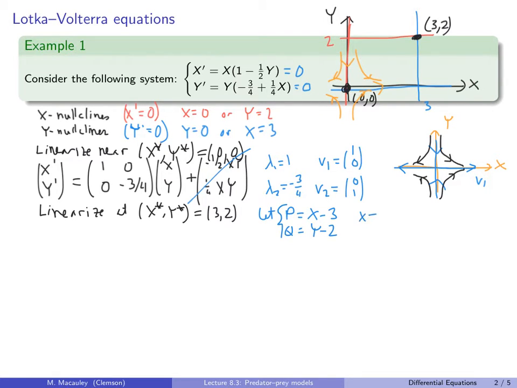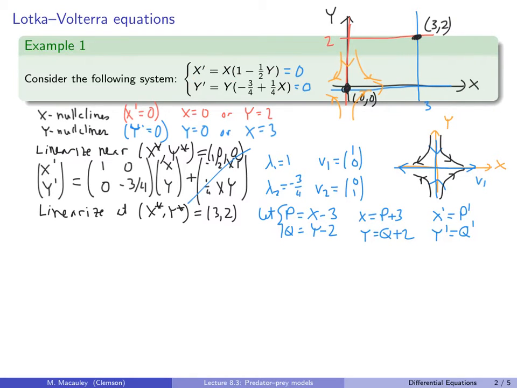So here, solve for x because that's what we want to eliminate in here. So x is p plus 3, y is q plus 2, and obviously x prime is p prime, and y prime is q prime. Okay, now let's plug these things into here.